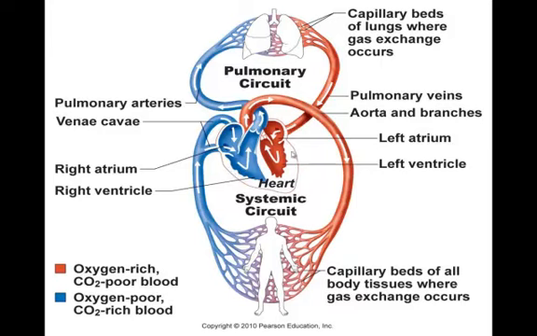This white area of the heart here has to receive blood, and that's from the coronary circulation, and all the coronary veins dump their blood into the coronary sinus, and it dumps its blood here into the right atrium. And then we start over. That blood goes from the right atrium through this tricuspid valve that's open, down into the right ventricle, and out we go through this pulmonary valve, and we start our way through the pulmonary circuit.